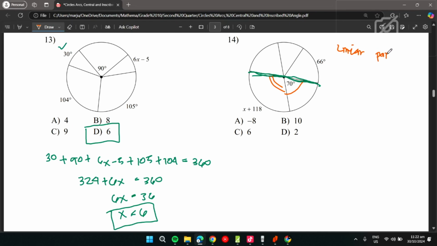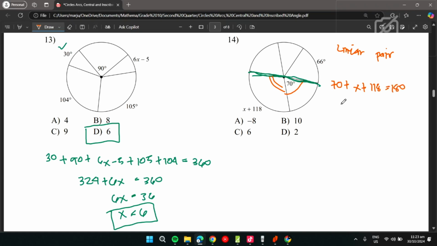Linear pair. Remember your geometry? Grade 7, I think. Pag sinabing linear pair, ang sum ng dalawang angles is 180. So, we're gonna do 70 plus x plus 118. This is equal to 180, right?